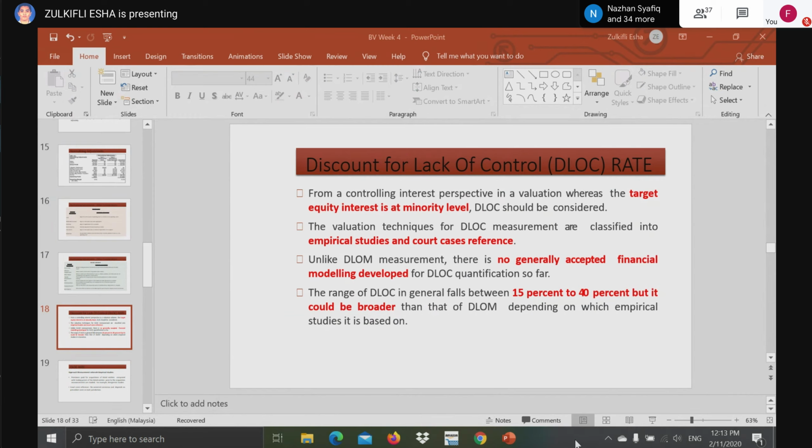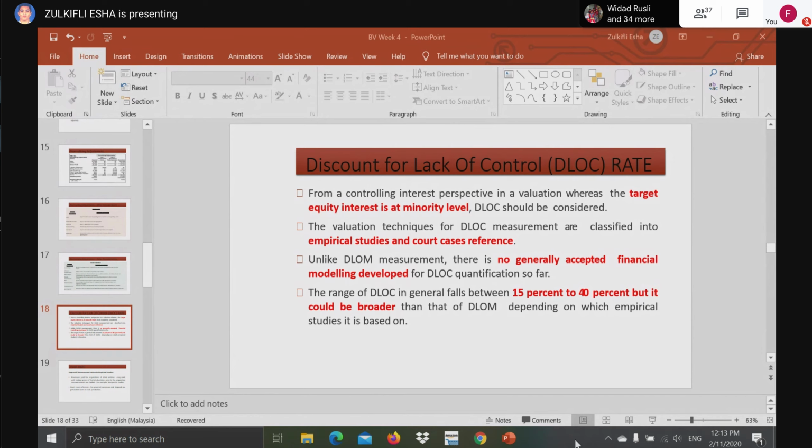So DLOC, or discount for lack of control. It is stated here: from a controlling interest perspective in a valuation, whereas the target equity interest is at minority level, the DLOC should be considered. So what does it mean? From the controlling interest perspective in the valuation, whereas the target equity interest is at minority level, DLOC or discount for lack of control should be considered.